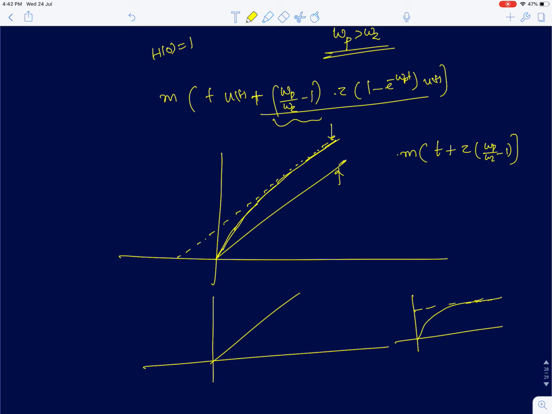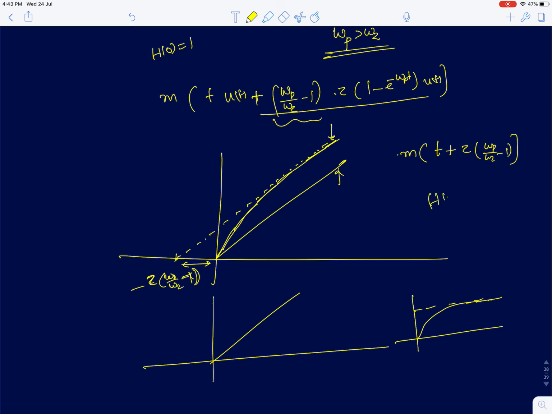It will look as though your system has been advanced by, here this is negative, so it will be tau into (omega p by omega z minus 1), with a minus sign. It will look as though the output has been advanced compared to the input.